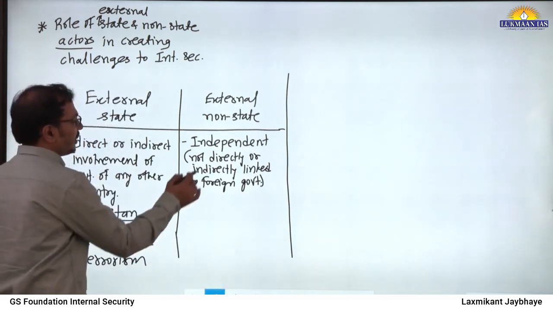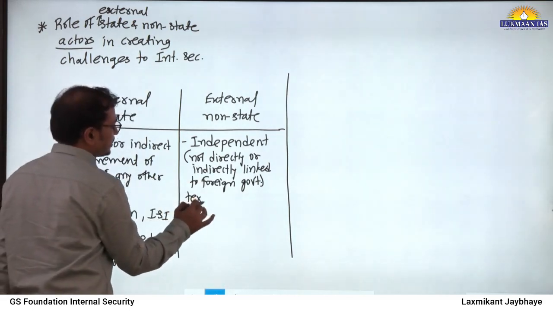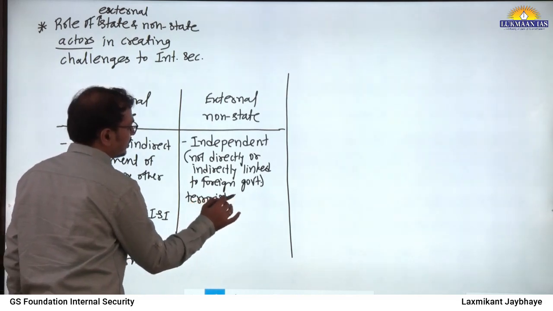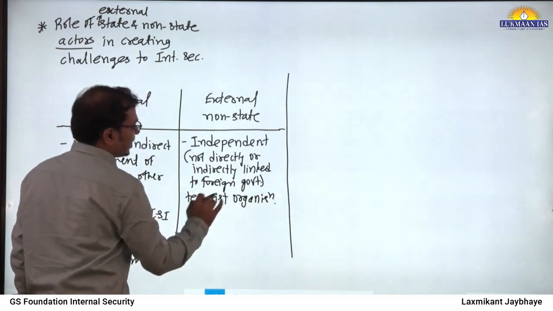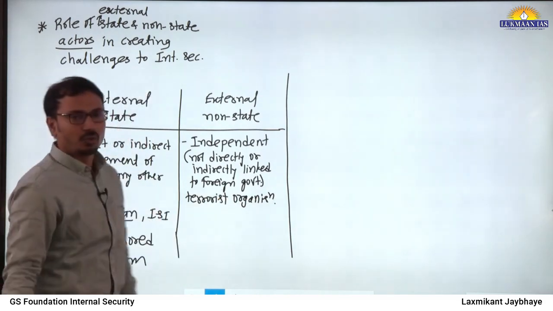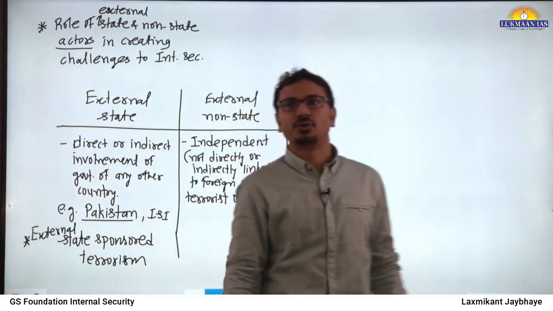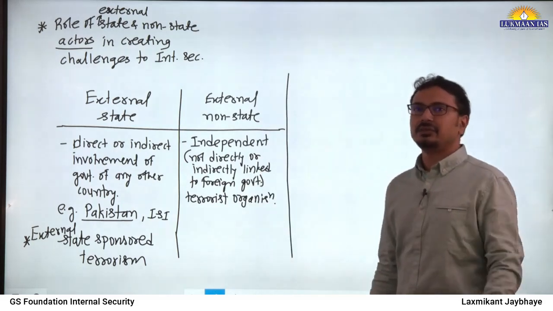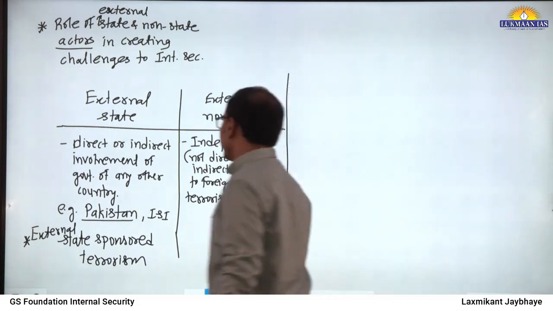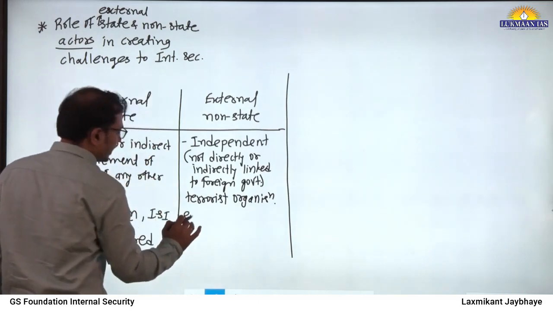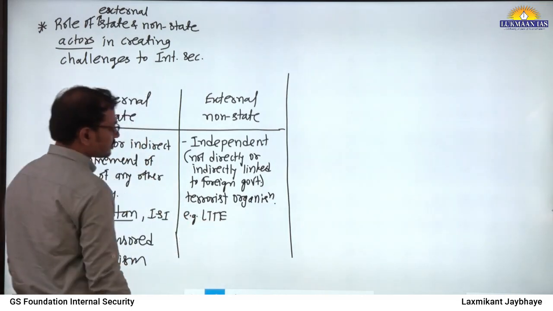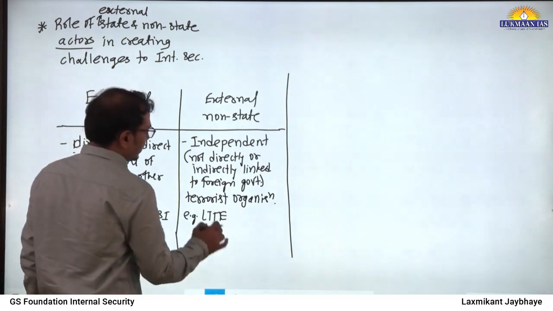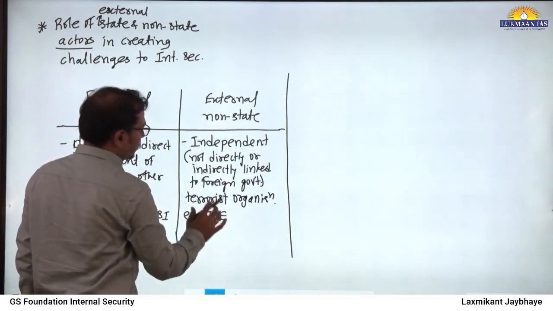So these are independent terrorist organizations. They can be terrorist organizations, extremist groups, or any fundamentalist group. LTTE is one of the examples you can give there. Now this is external non-state.